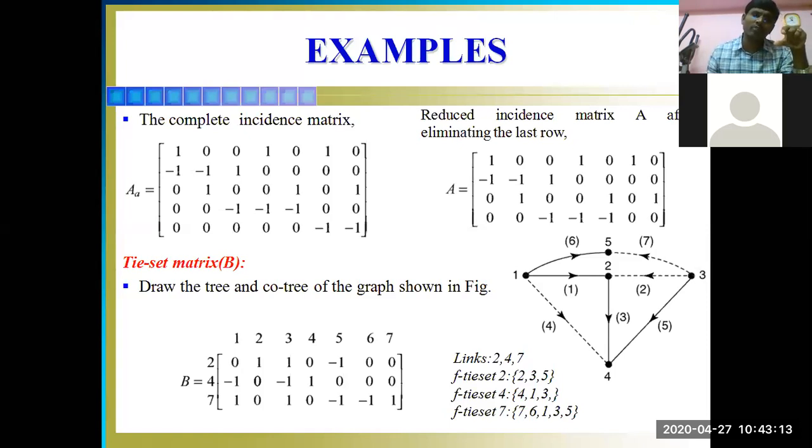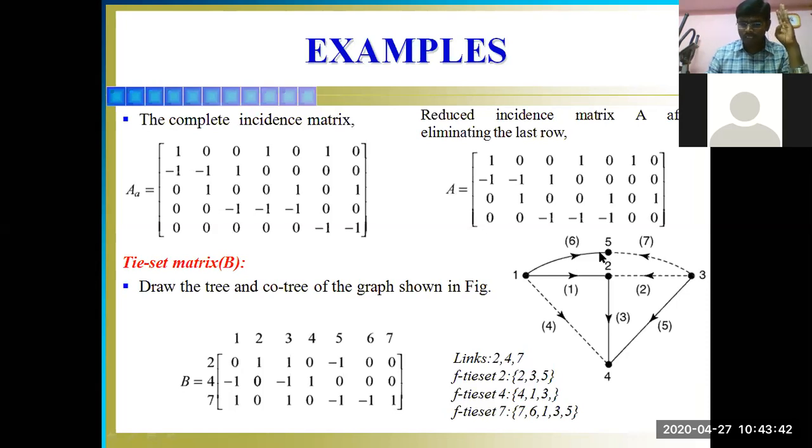So in this graph, how many nodes are there? 5 nodes. So 5 minus 1 is equal to 4. So there should be 4 twigs. You can take any 4 branches of this graph as twigs without a closed path, and the 4 should be connected.